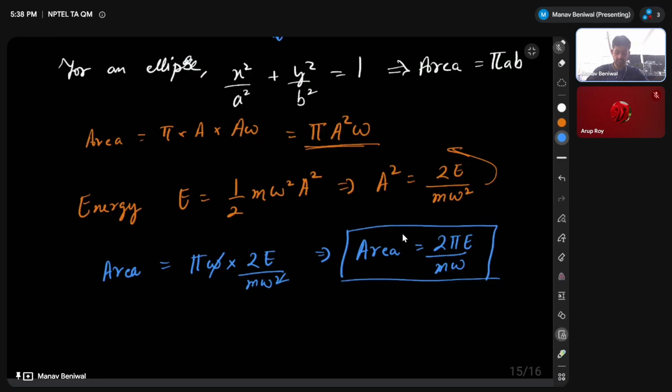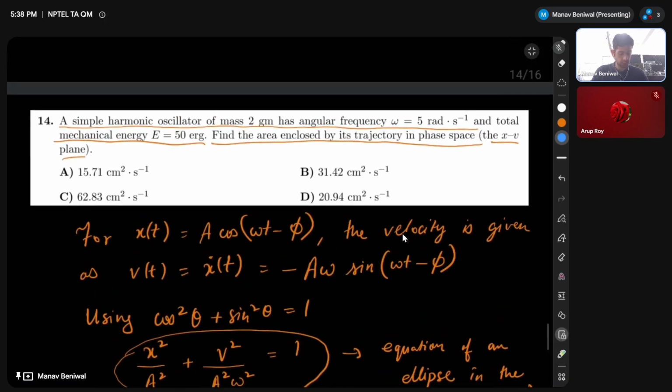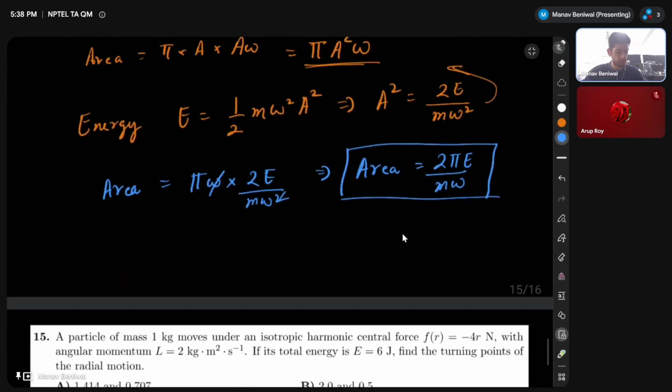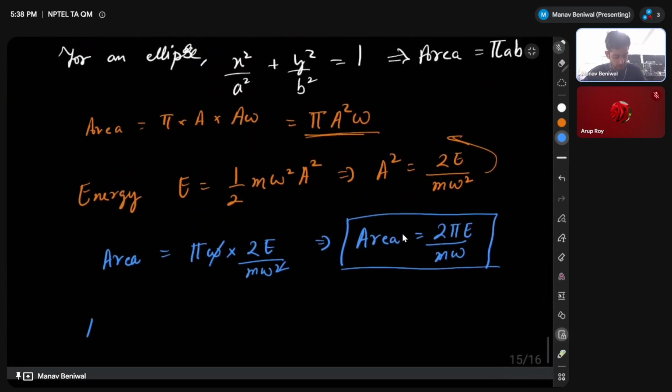Now E is given as 50 erg, mass is 2 grams, and omega is 5 radians per second. Plugging in all the values, our area becomes 2 pi times 50 over mass 2 and omega 5.